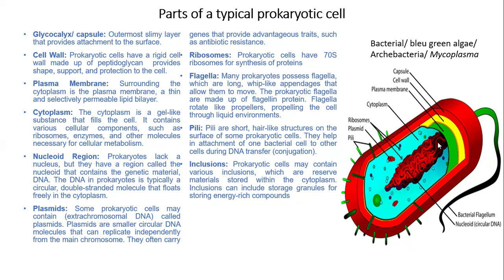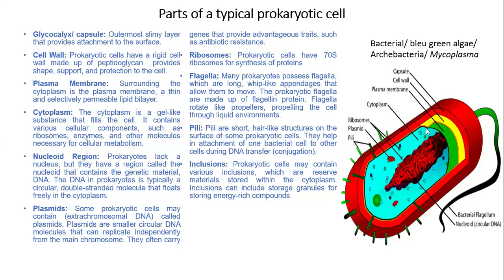So the covering of the prokaryotic cell usually consists of 3 layers: outermost glycocalyx, then the rigid cell wall, which provides shape, and inner to it the plasma membrane. So the covering of bacteria is very tough and strong.